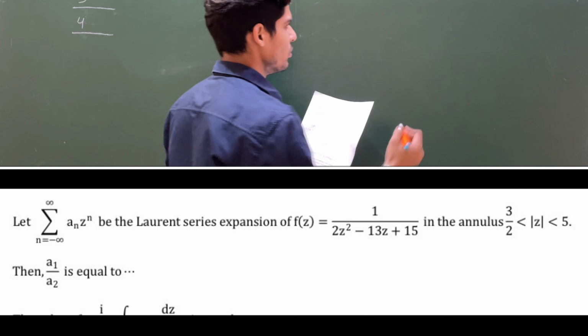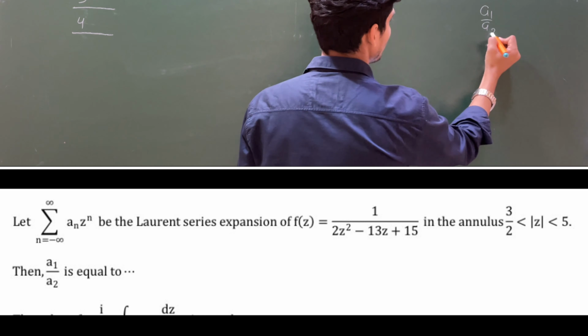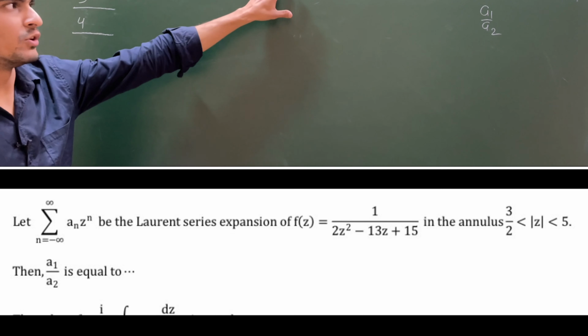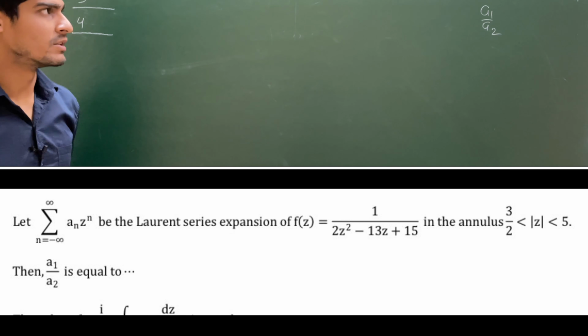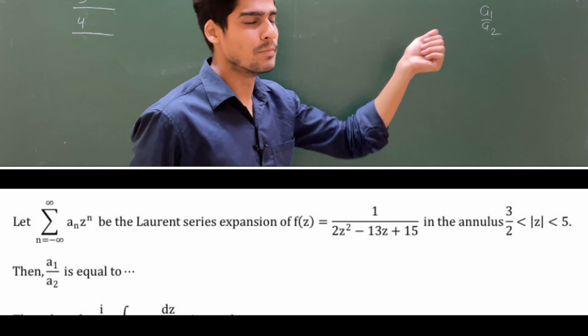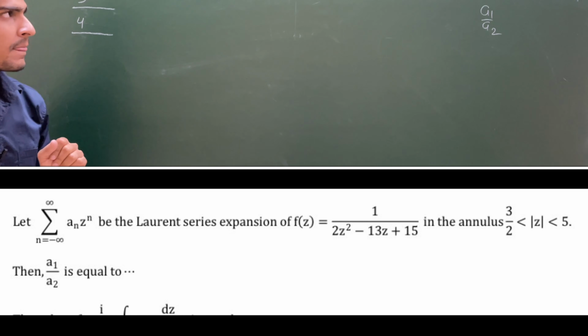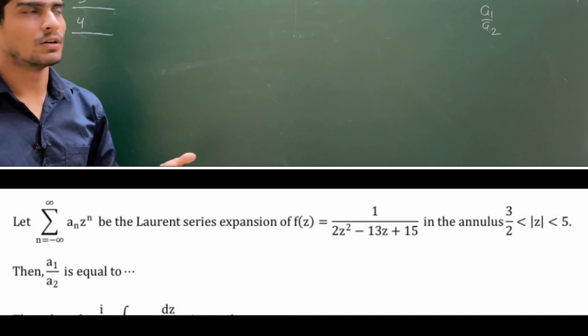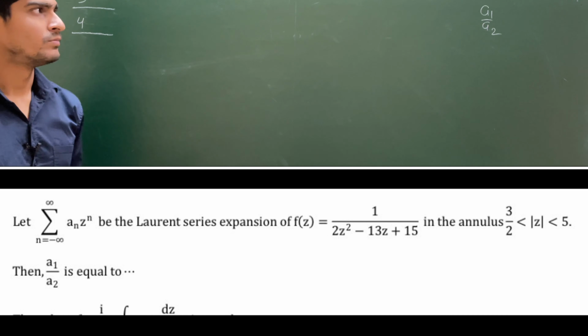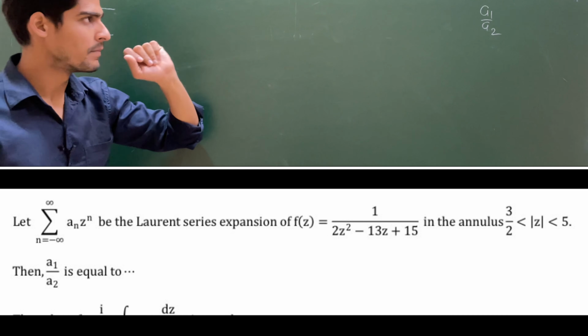Then they are asking the value of a1 by a2. While solving, you have to be very careful in your calculation. If you make a single mistake, you will not get the right answer. And in the examination, you do not cross verify. So just be careful at every step.